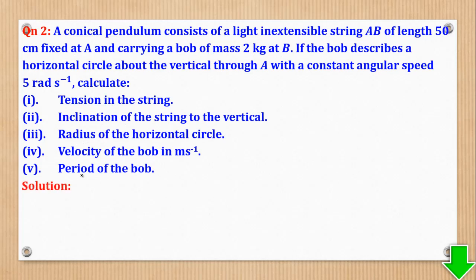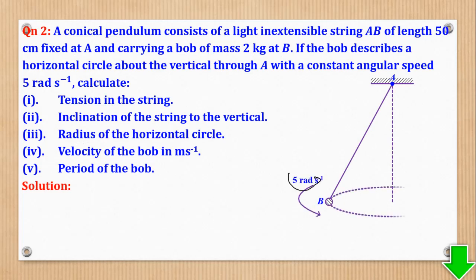So one, we shall need to make a sketch which we have been making always for the conical pendulum. The particle is attached with an angular velocity in a horizontal circle. Then we shall put the inclination, the weight, the tension in the string.